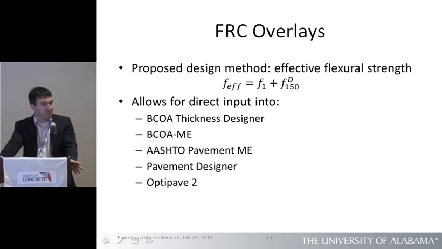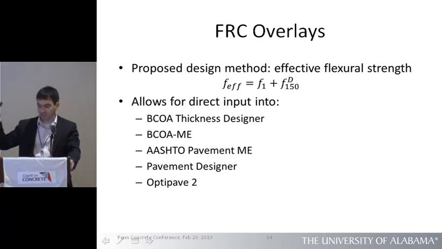You just input an MOR value. So we're proposing, and it's been shown in the literature to be a valid method, taking that residual capacity at 3 millimeters of deflection, adding it to the MOR value, coming up with an effective value to plug into any one of these design software packages or other design software packages you're using.